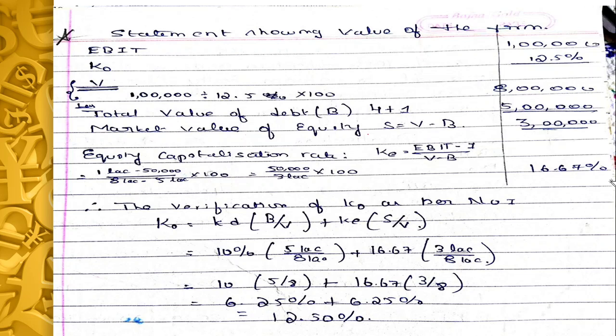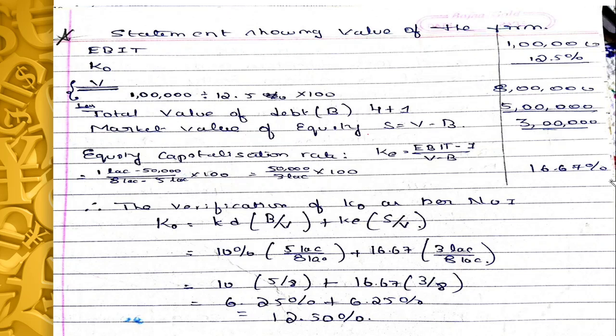It is 5 lakh. But in the question it was 4 lakh, right? So why has there been an increase to 5 lakh? Yes. In the information they have given that there has been an increase in the debt. So 5 lakh into 10% would be 50,000.